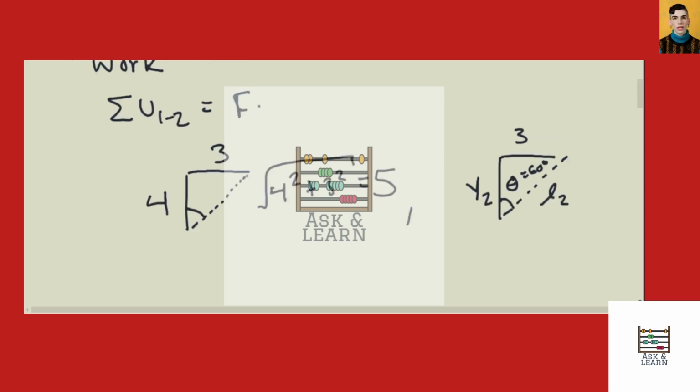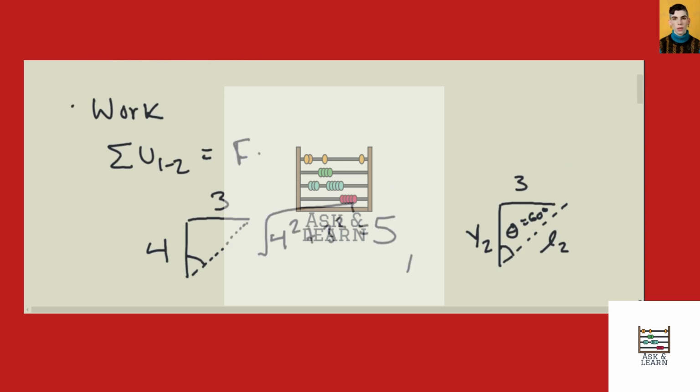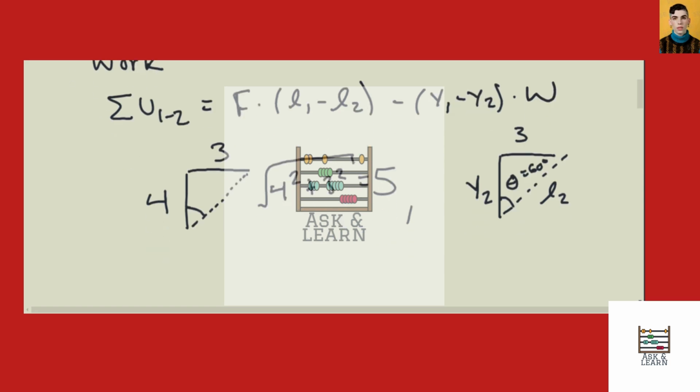So then the distance for the force would be L1 minus L2, minus, and then the weight is in the opposite direction of this 25-pound force, so its work will be negative. The weight's distance will be in the vertical, so we have y1 minus y2, times W.